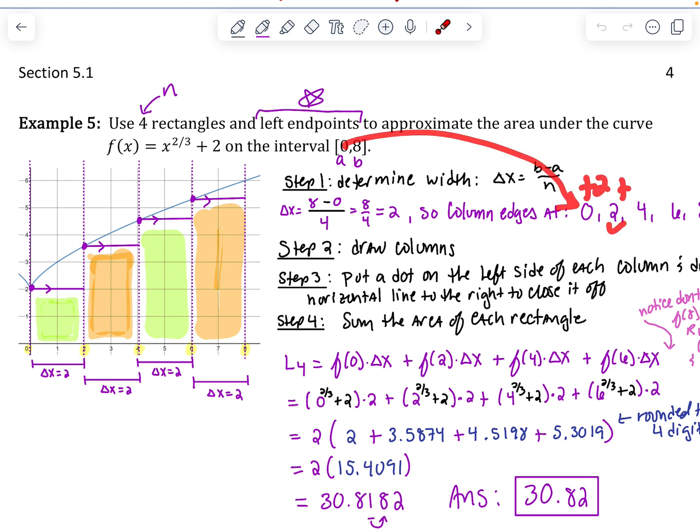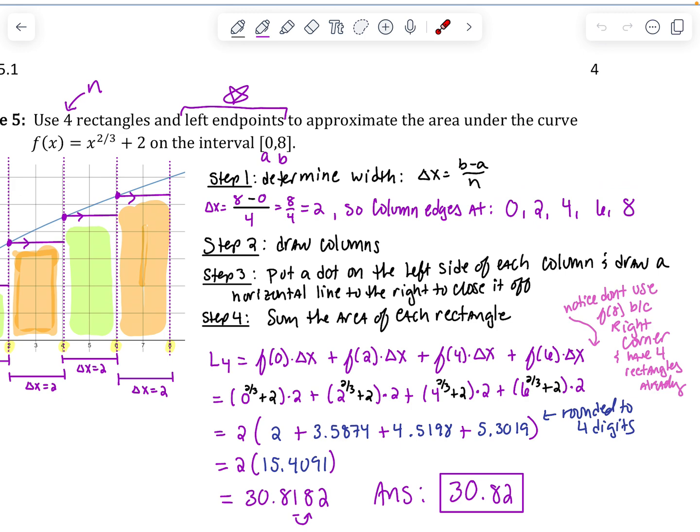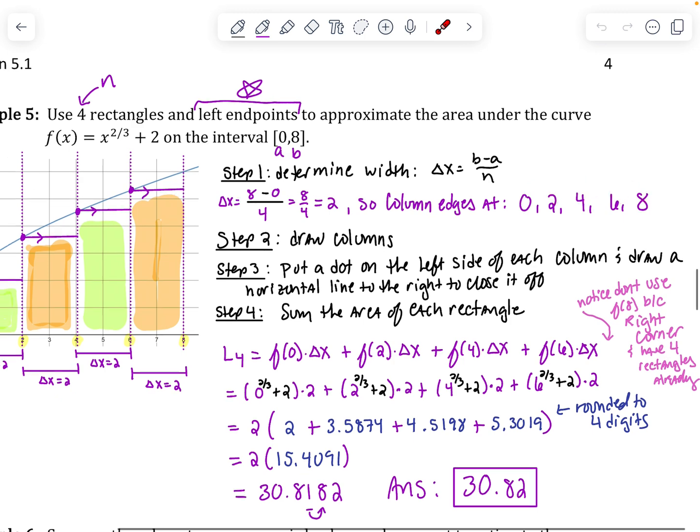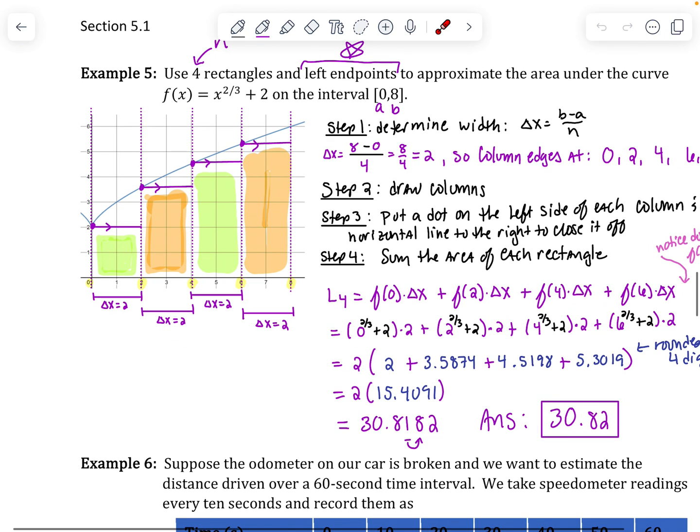If we start at 0 and continue to add 2, we make it all the way through our range, and we have 1, 2, 3, 4 rectangles. I highlighted 0, 2, 4, 6, and 8, the edges of my rectangles.